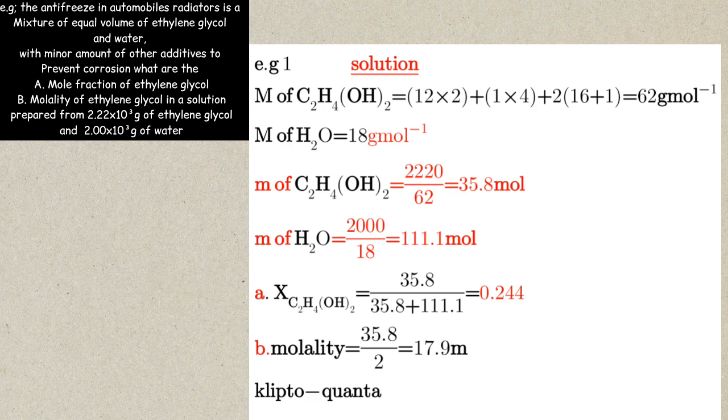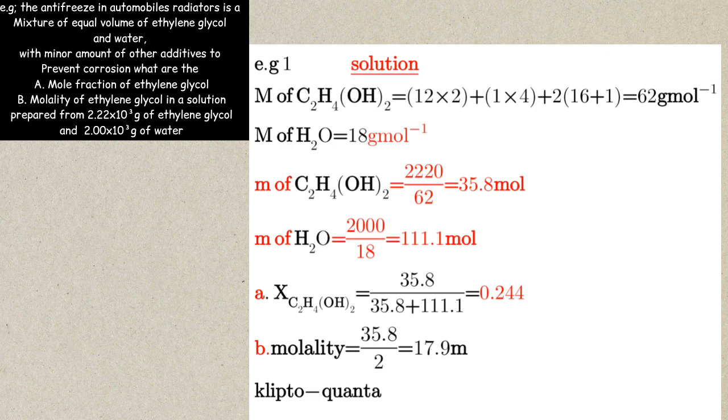So we need to find the molar mass of ethylene glycol and the molar mass of water, and then finding the mole, we know it to be equal to mass over molar mass. The formula I gave you guys, the mass would be in gram. From there, our mass is 2.00 times 10 raised to power 3 gram.